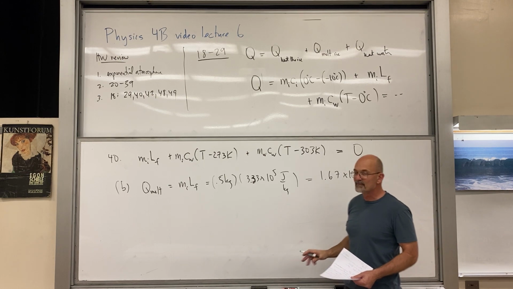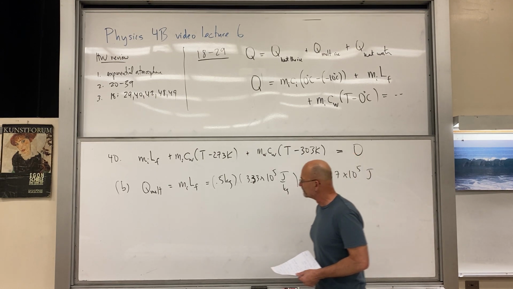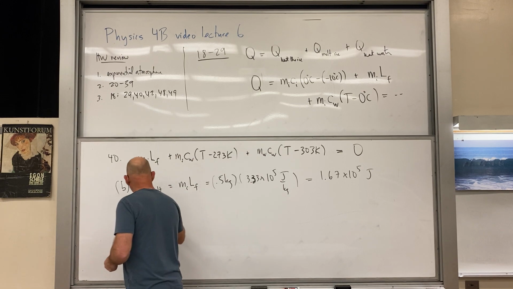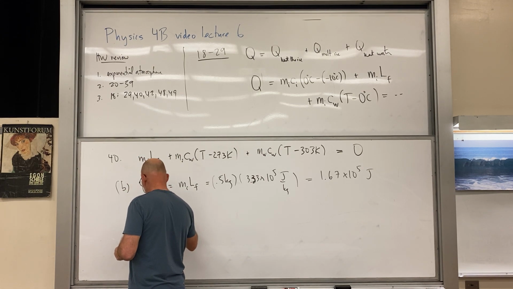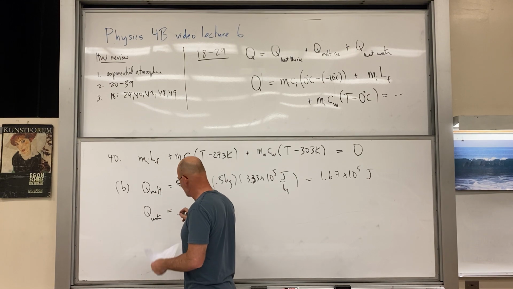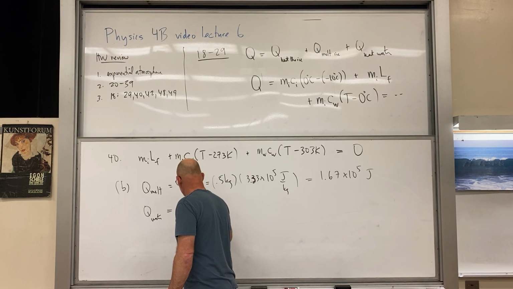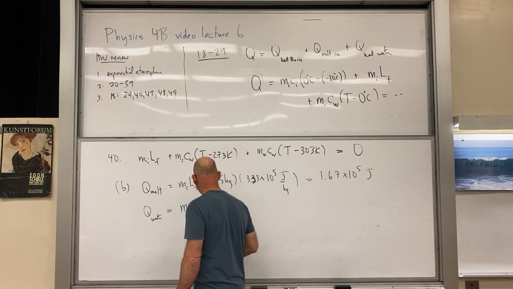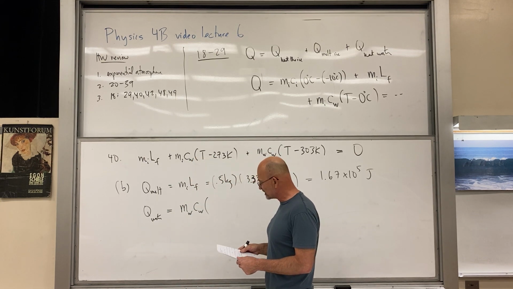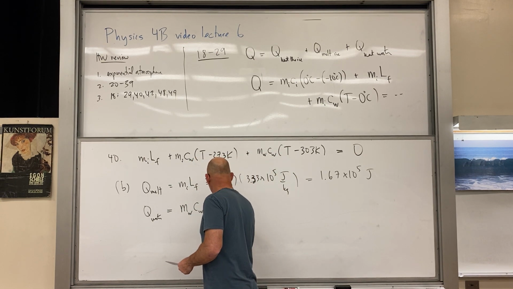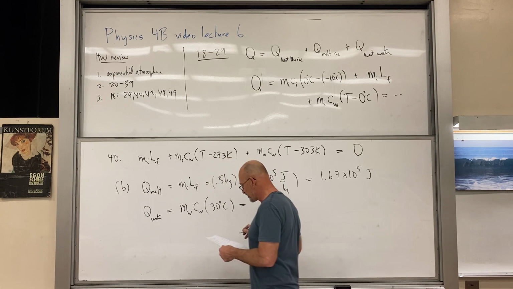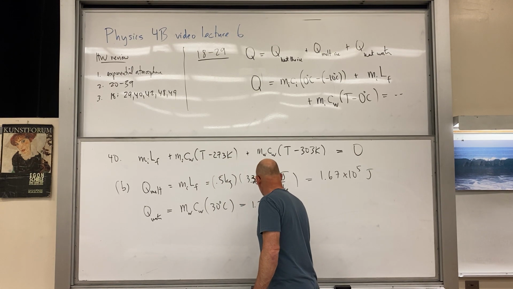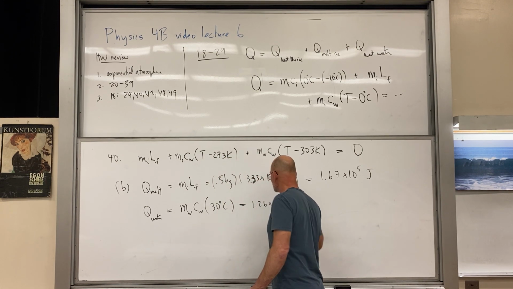That's what it's going to take to melt that entire ice block. On the other hand, the heat that's available, I'm just going to write water, is mass of water, specific heat of water, times delta T, and that delta T was just 30 degrees Celsius. So I came up with 1.26 times 10 to the 5 joules.